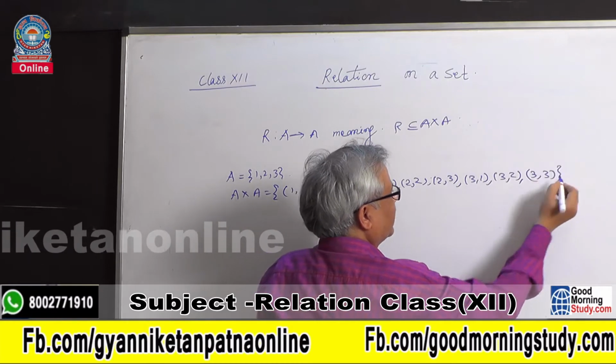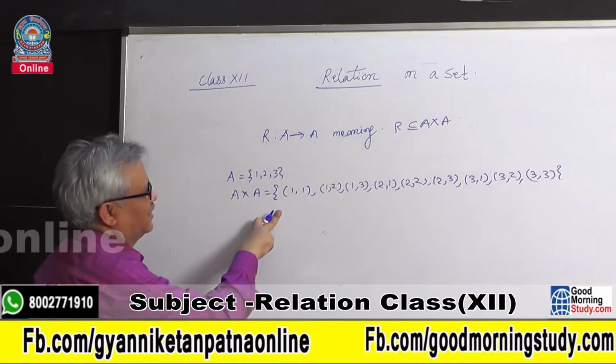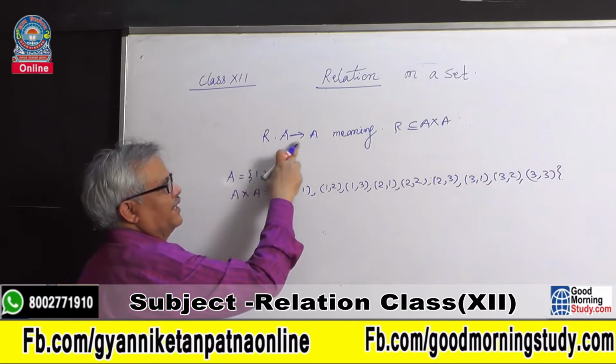So this is A cross A. Any subset of A cross A will be a relation on the set A to A.